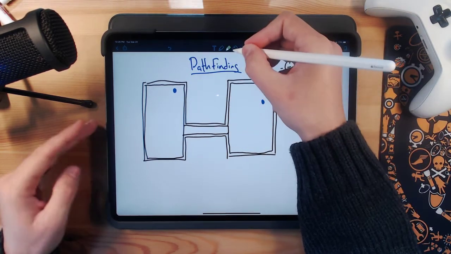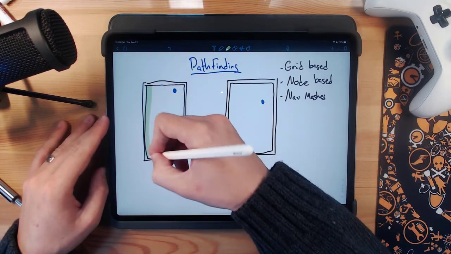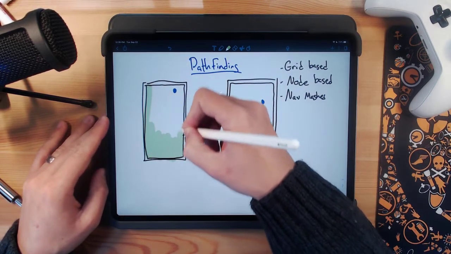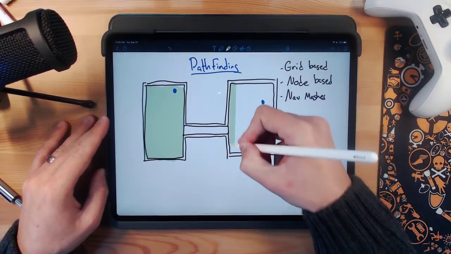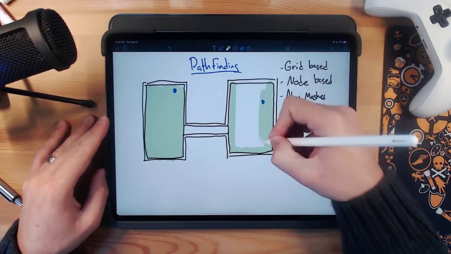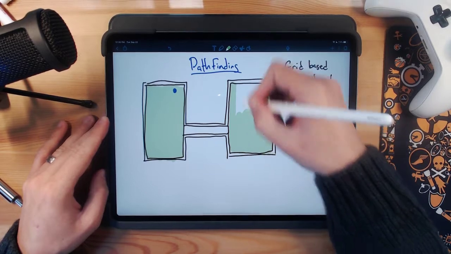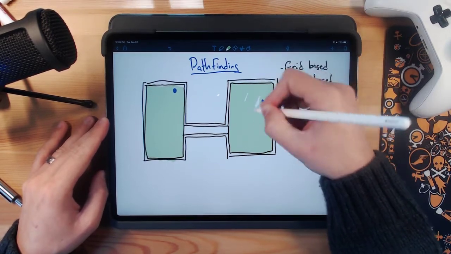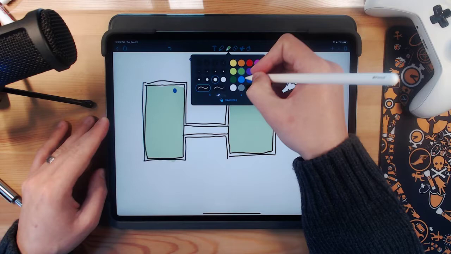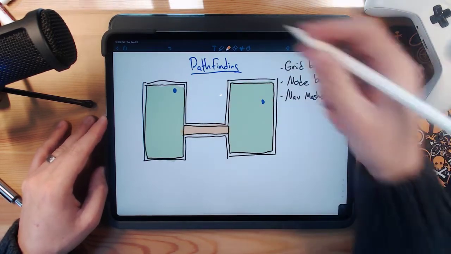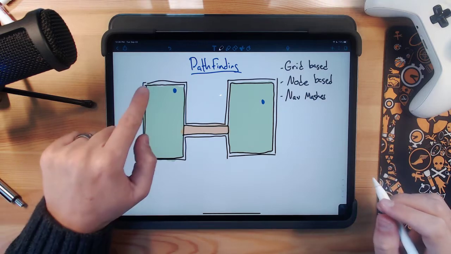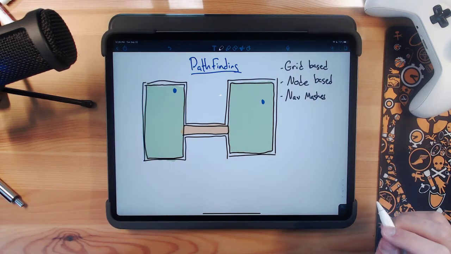Our meshes are actually full, so they'd probably look something more like this. This is a full 2D shape. So here's 3 navigation meshes, which represent the areas in which this AI can move. Notice how I drew the edges of these meshes a little bit off of the wall.